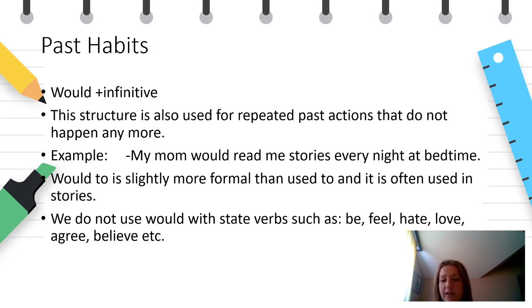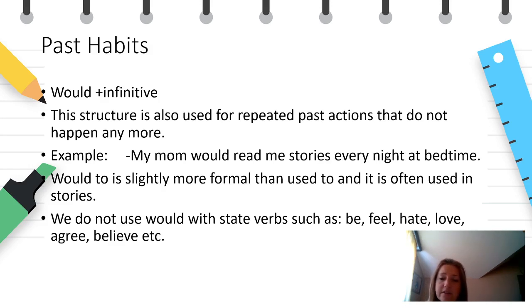Here we can mention that there are some differences between would and used to. The first difference is that would is slightly more formal than used to, and also it is often used in stories.